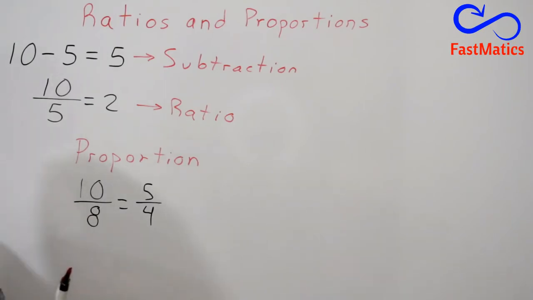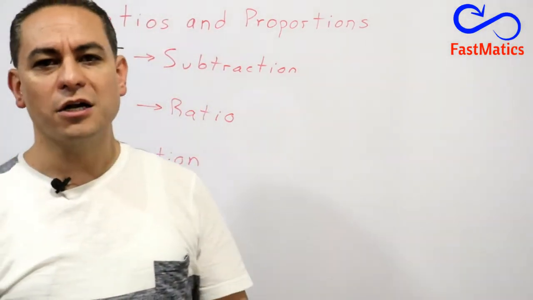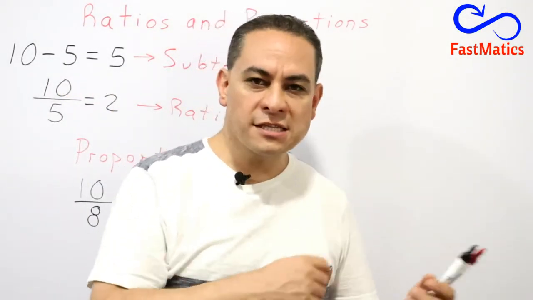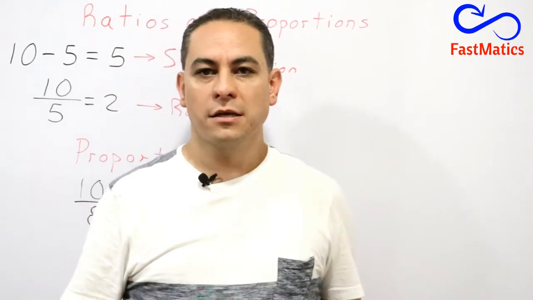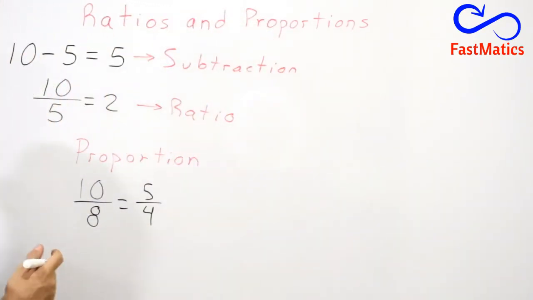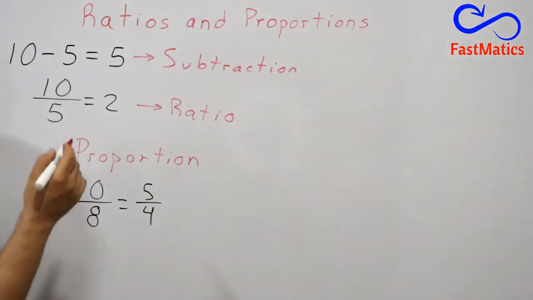A proportion is very important in our lives because humans are comparing all the time things, money, people. And we could talk about a very important rule in proportions, a very important property.